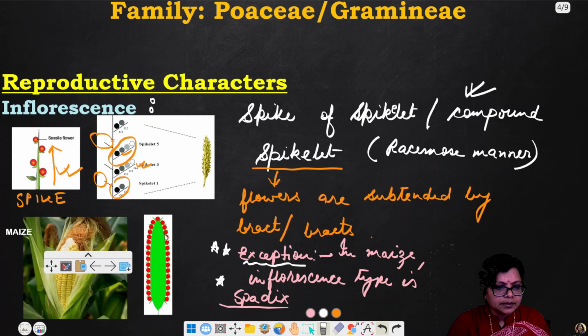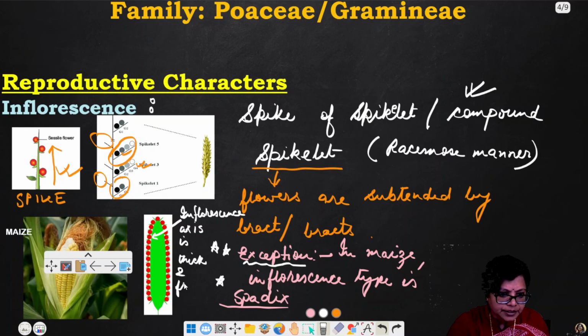In spadix, the inflorescence axis is thick and fleshy and also subtended by a large, colorful, bright bract.